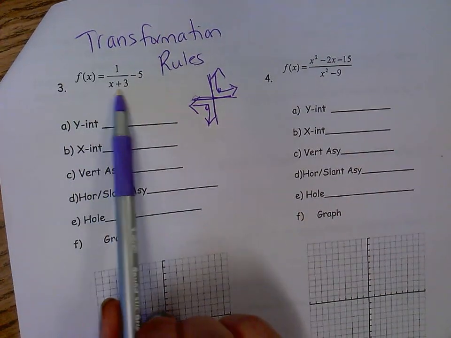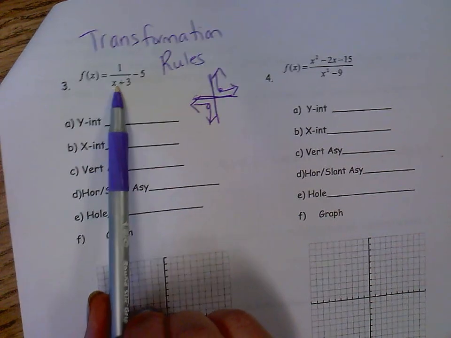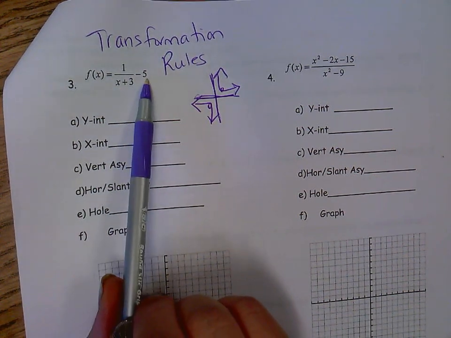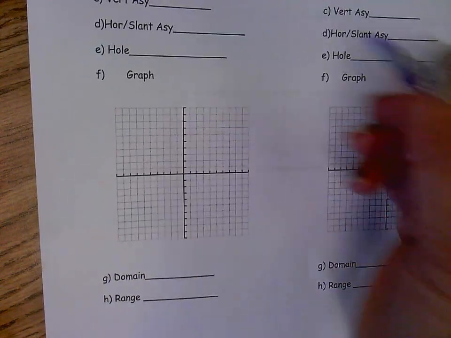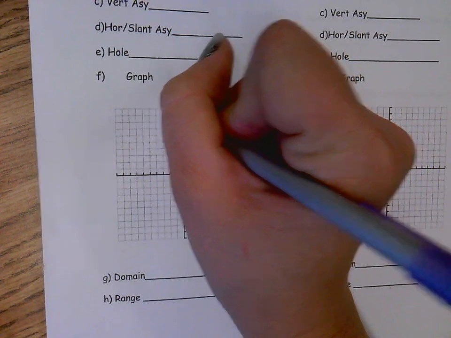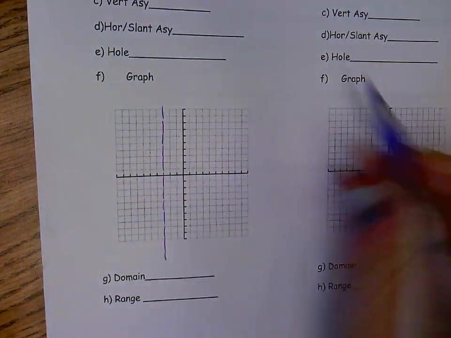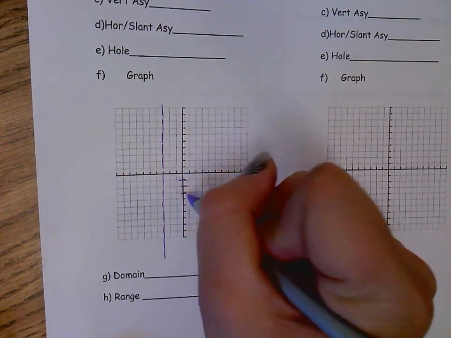If it says x plus 3, where should I go? Should I go left or right? X plus 3. Left 3. And what about this -5 out here? Down 5. So if I move my asymptote left 3, now I'll have an asymptote at -3. And if I move my asymptote down 5, 1, 2, 3, 4, 5.